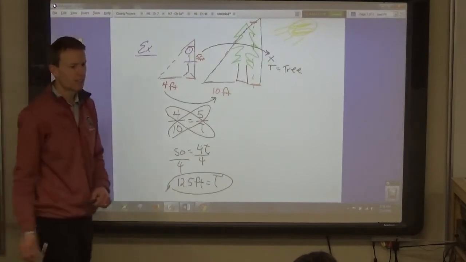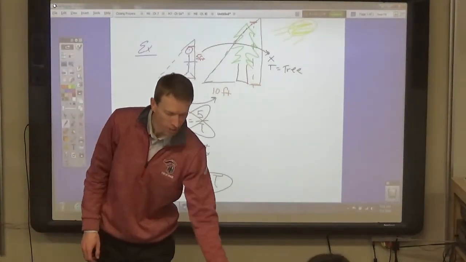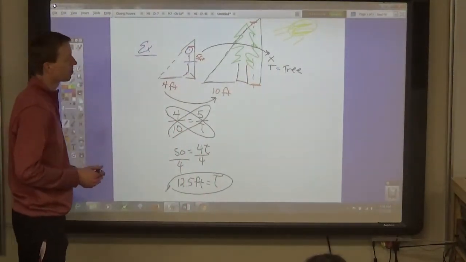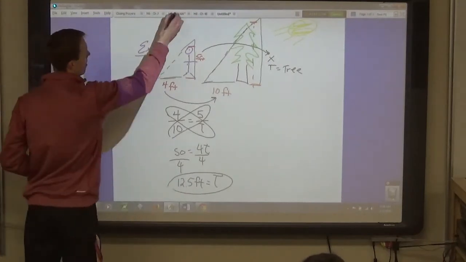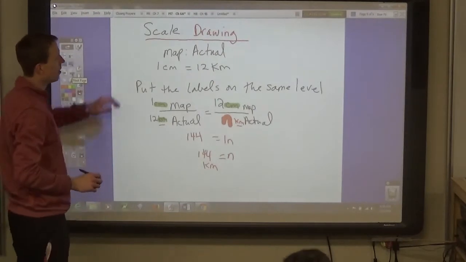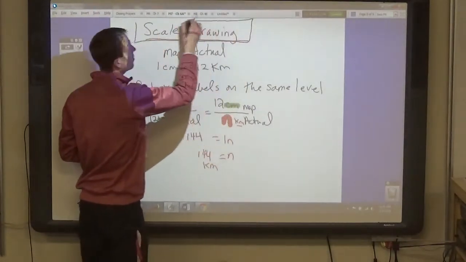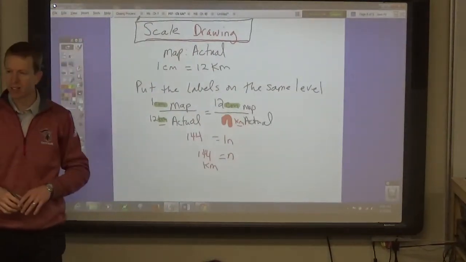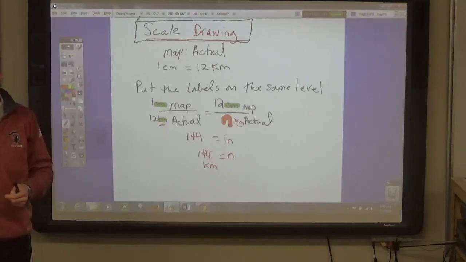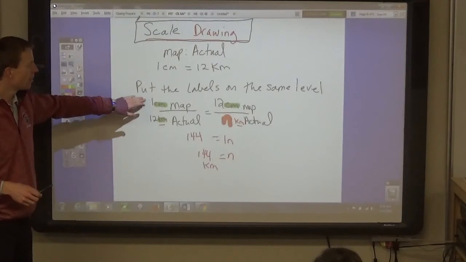There's another way that similar is used, and in this case it is with maps and actual distance. These are called scale drawings. Anybody who does drafting or plans for building things does scale drawings. Yes, this is notes.